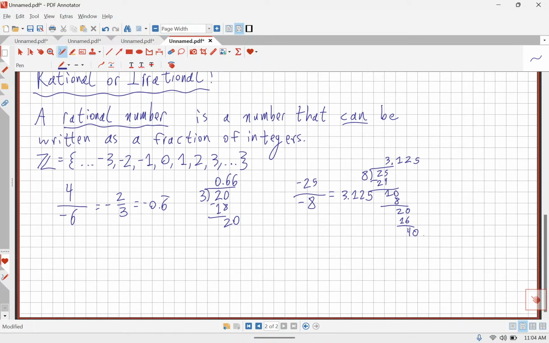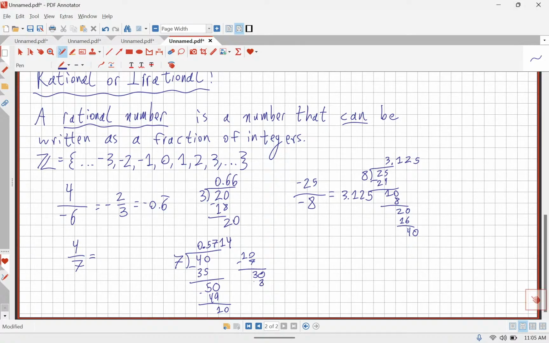Put your pencils down for this one, because this one stinks. 4/7. Is that a rational number? Yes. If I wanted to write it as a decimal, let's see if it ends. 7 goes into 4 not once. 40, that goes in 5 times, I believe. 35, 5, 50, 7 times. 49, 1, 10, once. 7, 3, 30, 4 times.